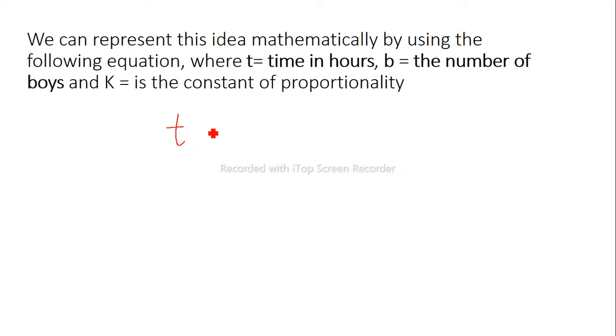So T is going to be equal to K, capital K, divided by B. And so this is the equation that we're going to be using. This is saying that the T and the B are inversely related.